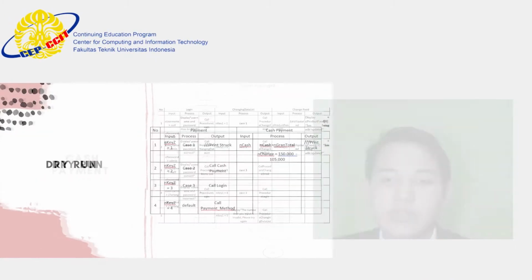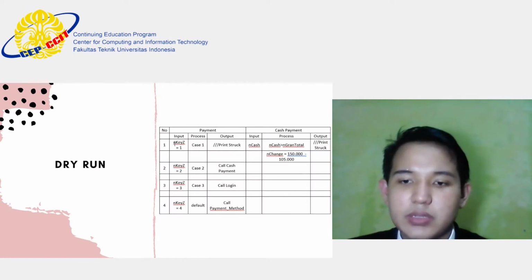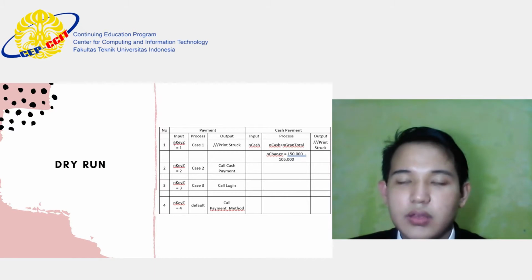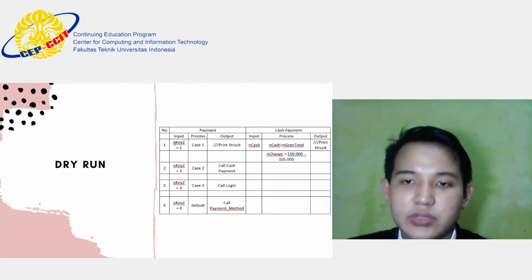It will proceed to the default. The output is call payment method. Next, move to the next procedure. From the nkz 2 case 2, it proceeds to call cash payment. In the cash payment procedure, the input is ncash, the process is ncash more than n grand total.